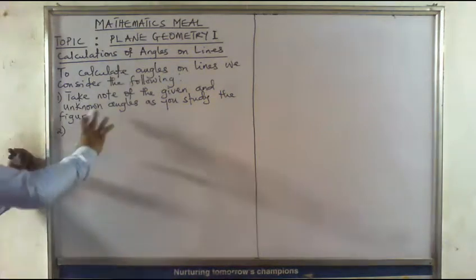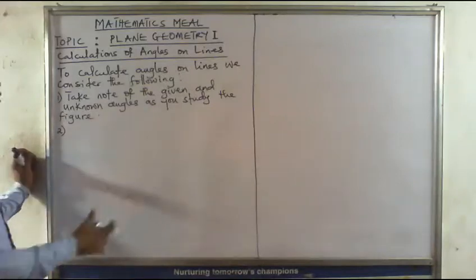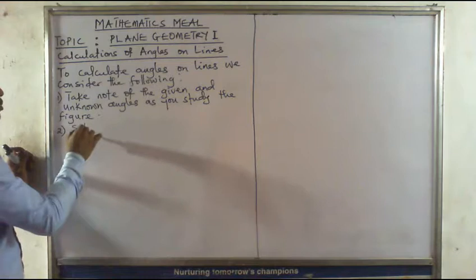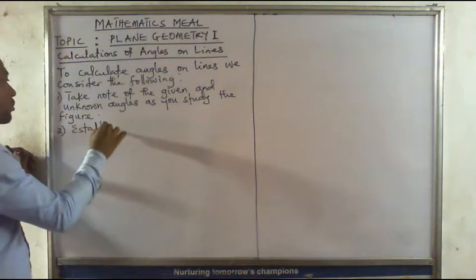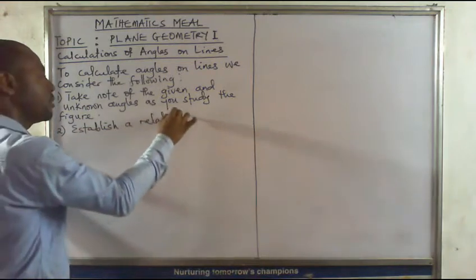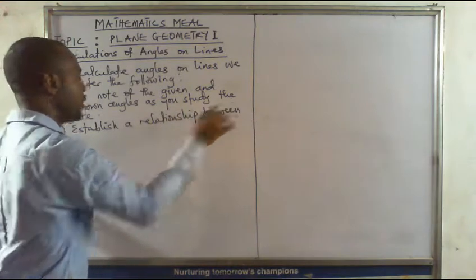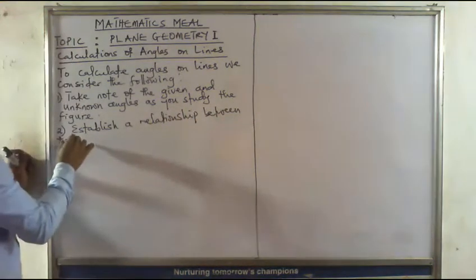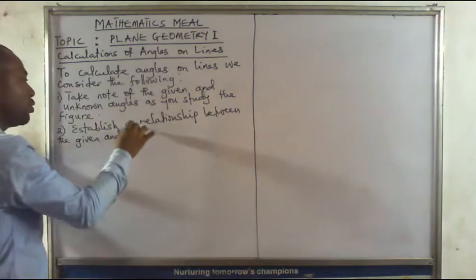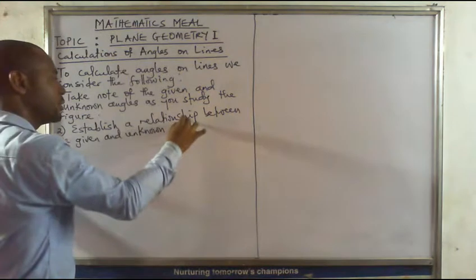So when we take note of the given and the unknown angles as we study the figure, the next thing you look at is to establish a relationship between the given and unknown angles.